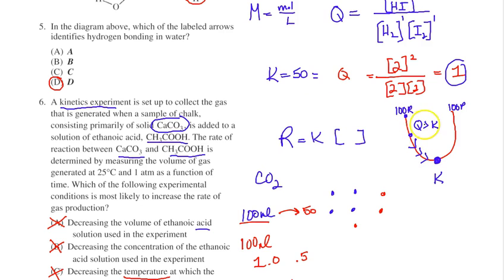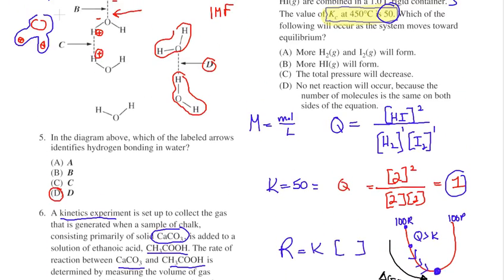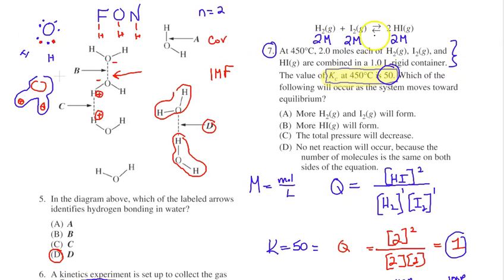Because my Q is less than K in this example, the reaction is going to be more spontaneous in the forward direction. My delta G is negative in the forward and positive in the reverse. So this reaction is going to become more spontaneous in the forward direction, and that means we have a shift to the right.